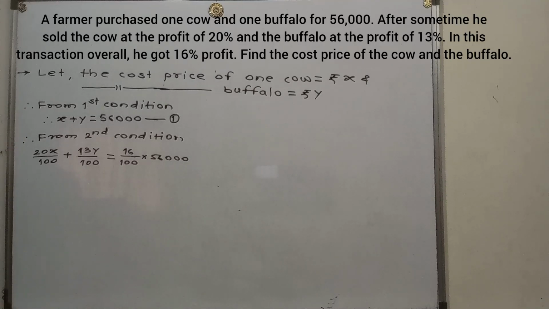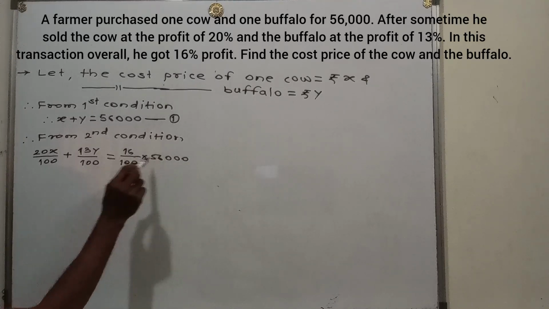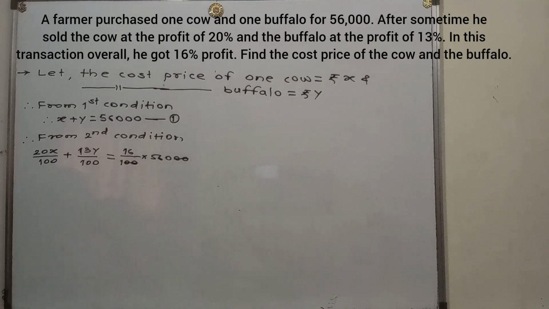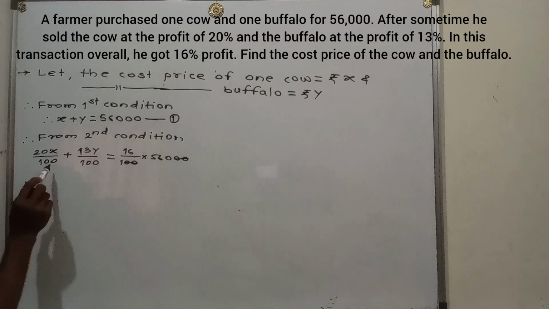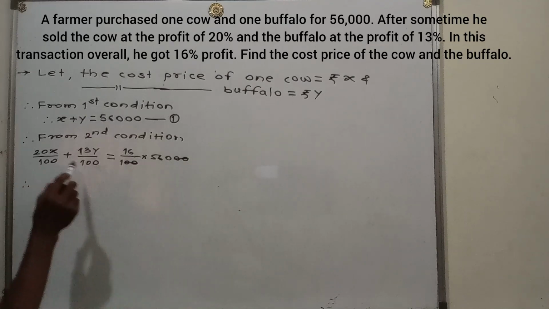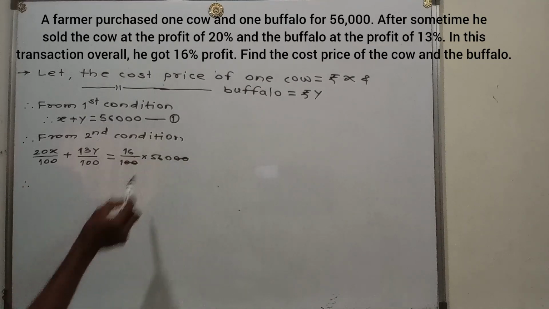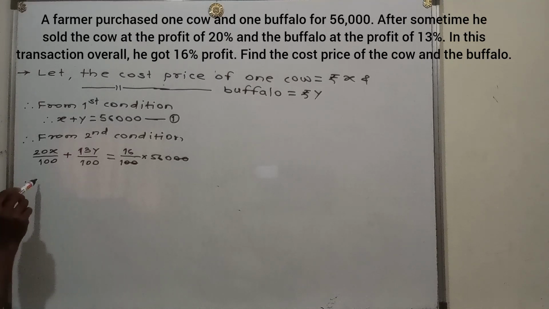Did you get it? Very simple. So these two zeros cancel. Therefore, now multiplying both sides.